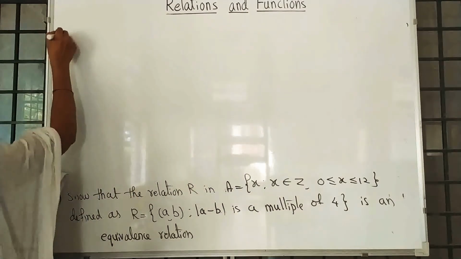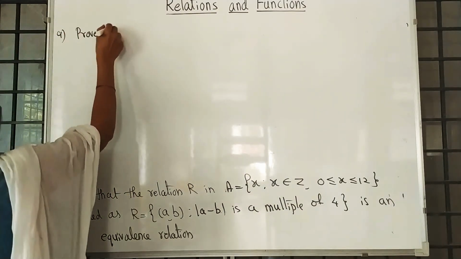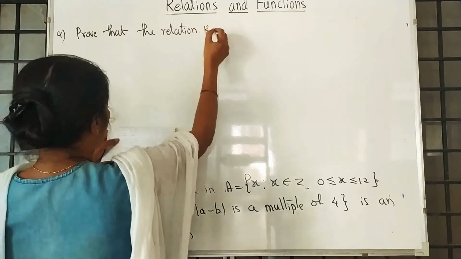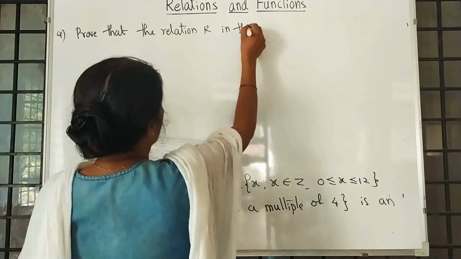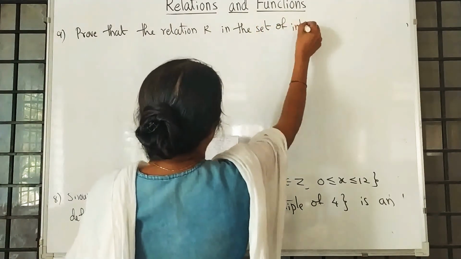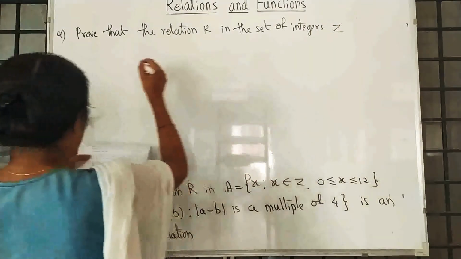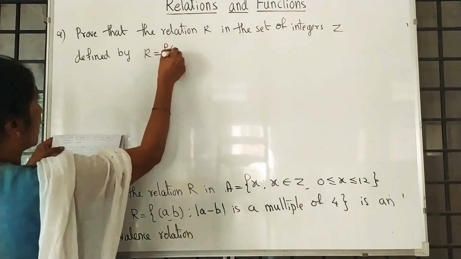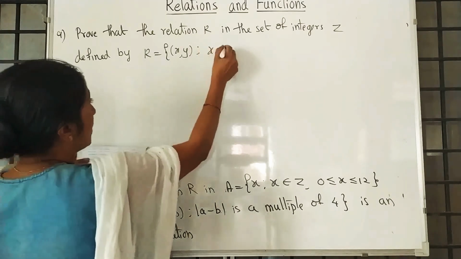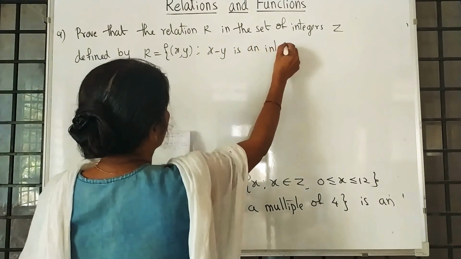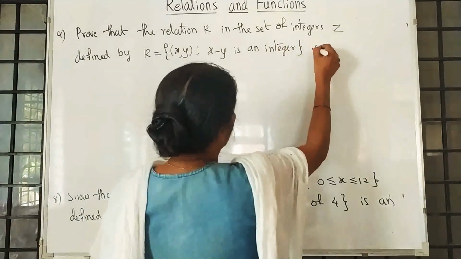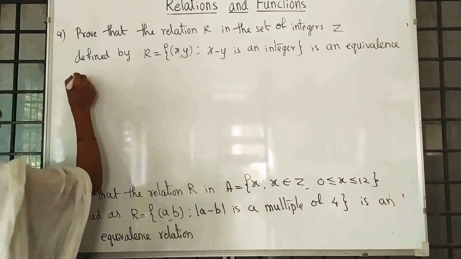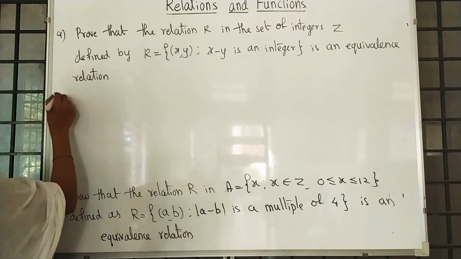Equivalence relation. 9th one, prove that the relation R in the set of integers Z defined by R is equal to x comma y such that x minus y is an integer is an equivalence relation. 10th question.